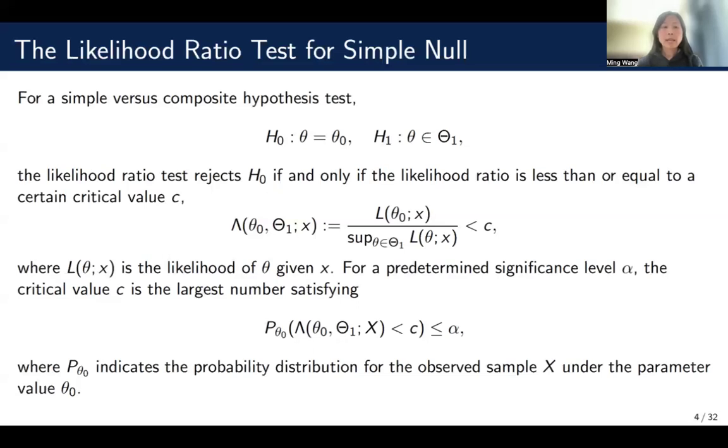The likelihood ratio test rejects H null if and only if the likelihood ratio is less than or equal to a certain critical value, little c. For a predetermined significance level alpha, the critical value little c is the largest number satisfying the following inequality.